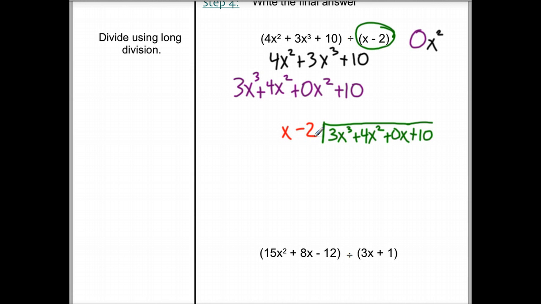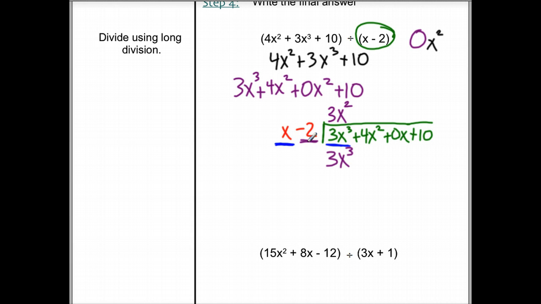Now we really want to focus on the term on the left. We want to see how many times x can go into 3x cubed. That would be 3x squared, because x times 3x squared is 3x cubed. Don't forget we need to multiply this by the minus 2.